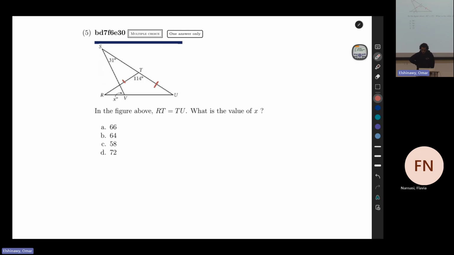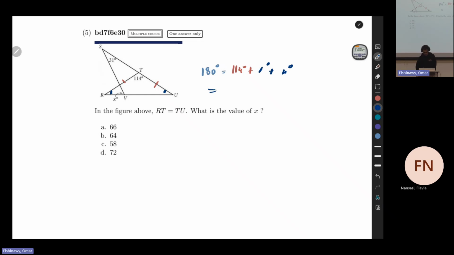So if RT is equal to TU, then probably this is an isosceles triangle. The sum of the angles is 180. It's 114 plus, let's say, the blue angle. You take the first blue angle, and then the second blue angle.